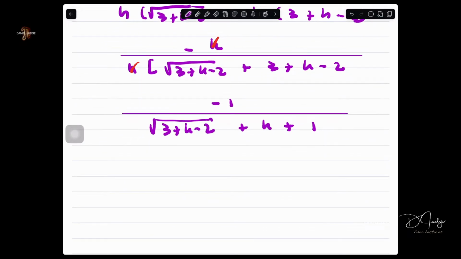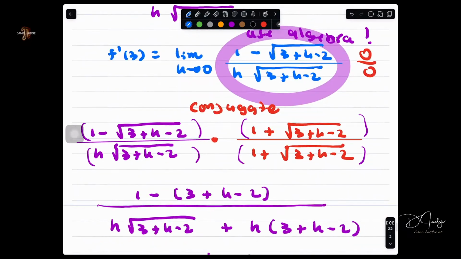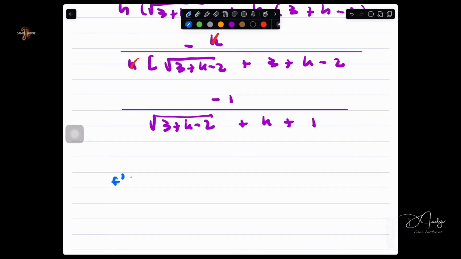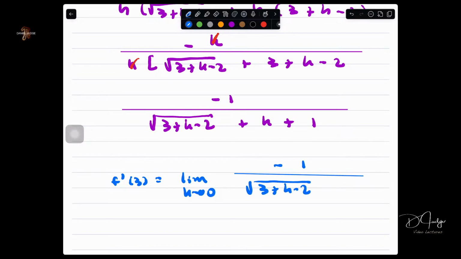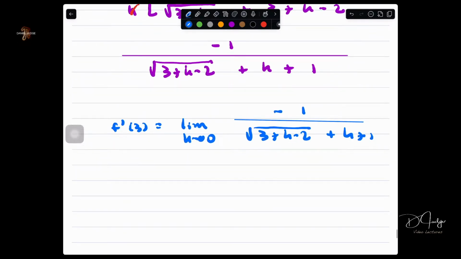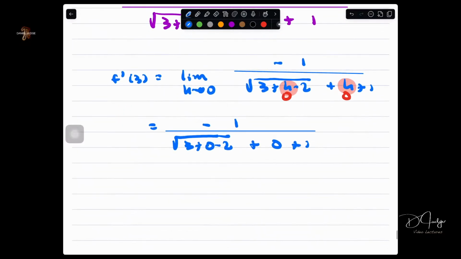Okay. So when we take the limit now, and this is going to be f prime of 3, plug in 0 for h. And you end up with negative 1 over the square root of 3 plus 0 minus 2 plus 0 plus 1.